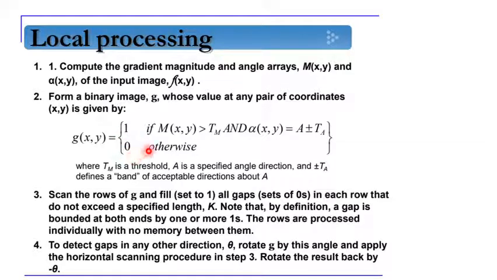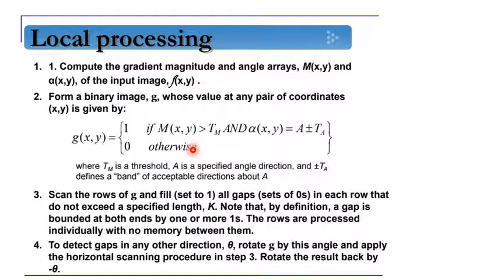So this is again a type of thresholding, but here there are two thresholding criteria, one for the magnitude and one for the direction, and only when both are satisfied is the pixel value assigned 1, otherwise 0. So what does this condition actually mean?